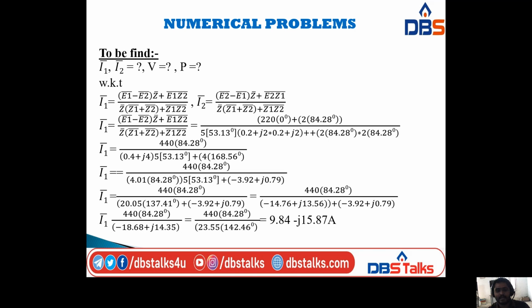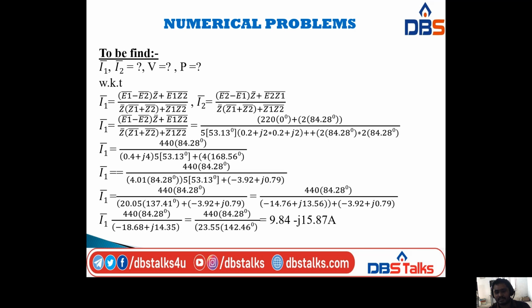Minus 3.92 plus J0.79, and finally we have the value, that is I1 bar is equal to 440 at an angle of 84.28 by, after simplifying the denominator, minus 18.68 plus J14.35. After converting the denominator into polar form, we have 23.55 at an angle of 142.46.